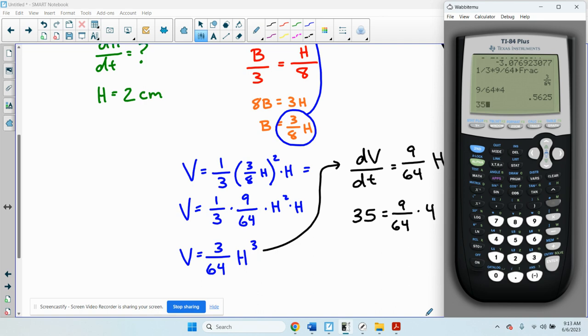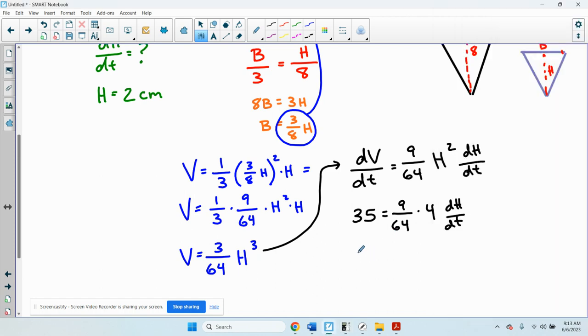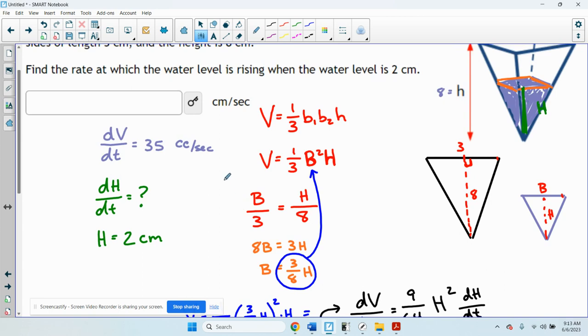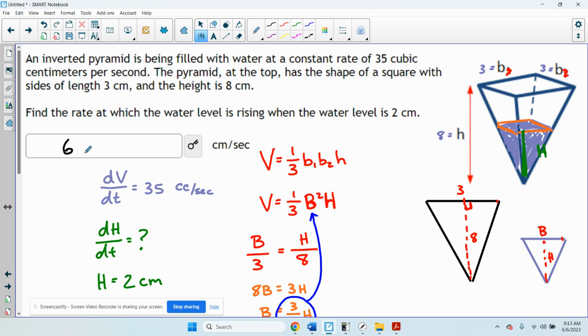That's 62.22 repeating. We'll just say 62.2. That equals dH/dt. And that's your answer, 62.2.